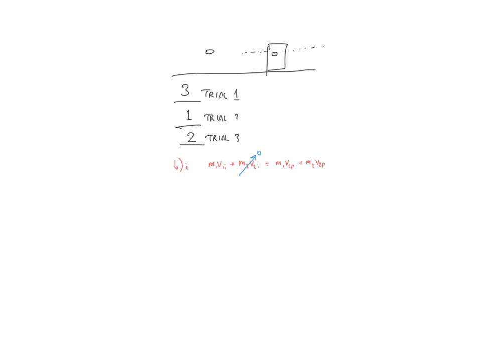In part B 2, this is where the bullet bounces off the block and moves backward with a speed of 200 meters per second.